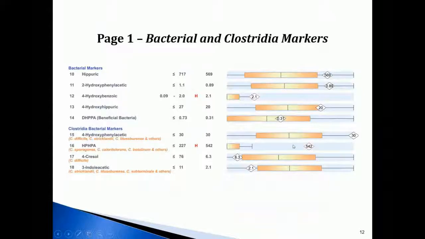glyphosate, we know, is an ingredient that's used all around the world as an herbicide. And what it does is it disrupts the normal healthy bacteria in the digestive system. And as those bacteria are altered, we can run into a situation where opportunistic bacteria like Clostridia seize the opportunity to become more problematic.